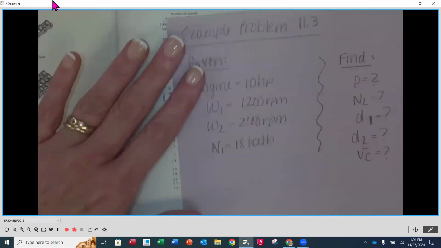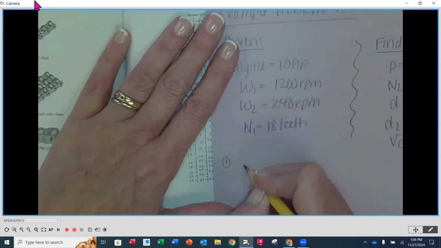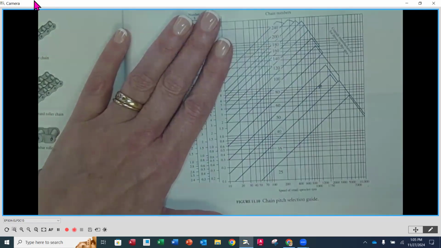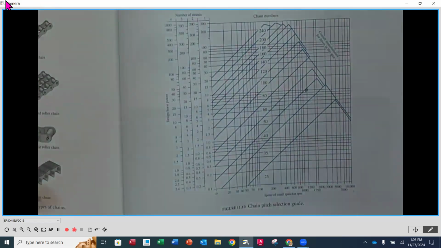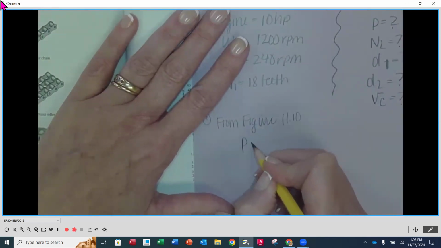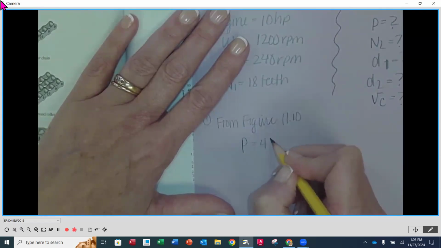So if we look here, step number 1, and this would be from figure 1110, our pitch is going to be 40.